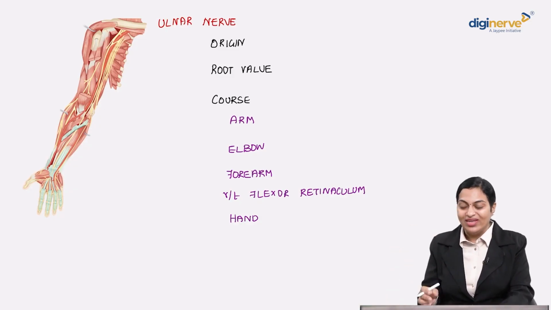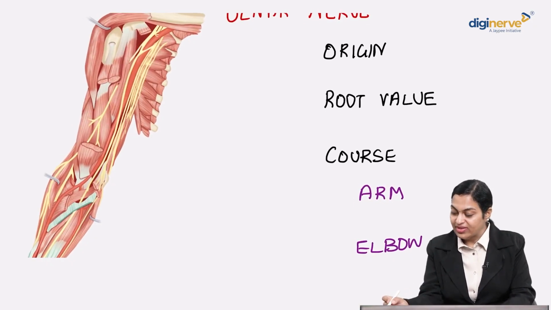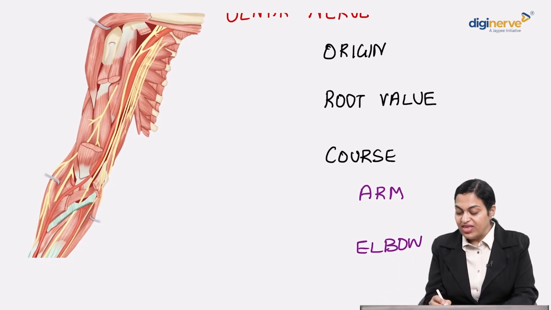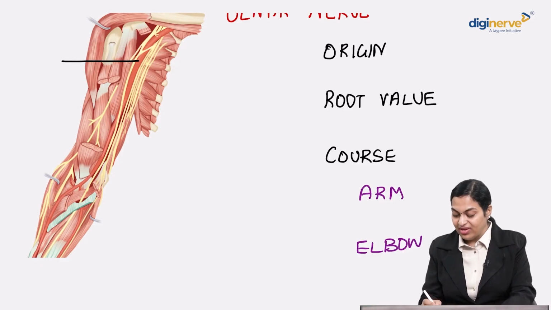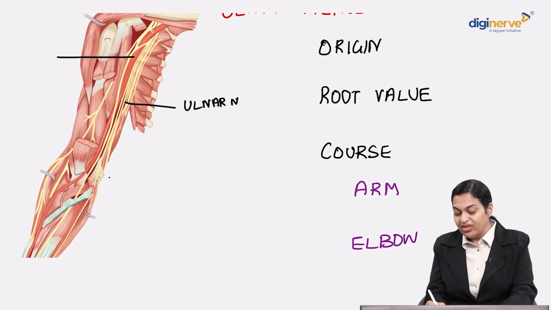Let us point out the ulnar nerve here. You see the artery, right? And here, medial to the artery, this nerve is the ulnar nerve, right? You can see it in the arm, but at the elbow region, you can see it going behind.